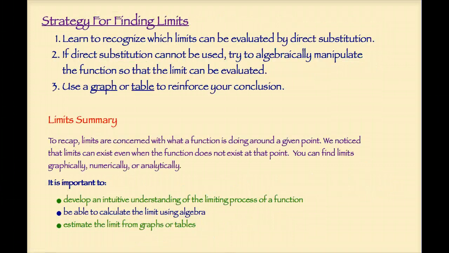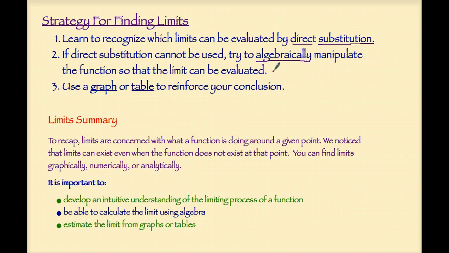This leads to a general strategy for finding limits. First, learn to recognize which limits can be evaluated by direct substitution. You always want to try direct substitution first. Second, if direct substitution cannot be used, try to algebraically manipulate the function so that the limit can be evaluated by direct substitution.